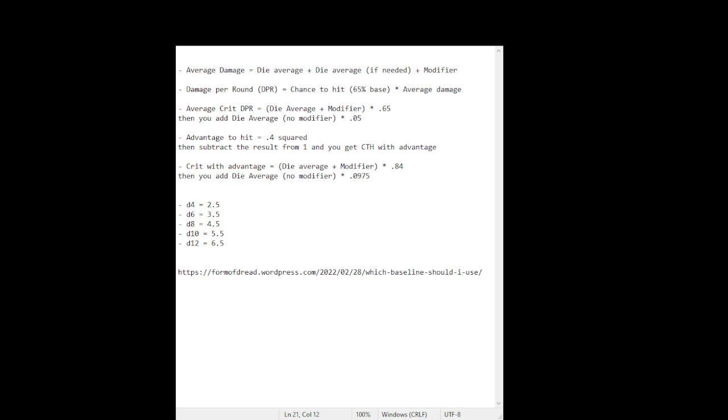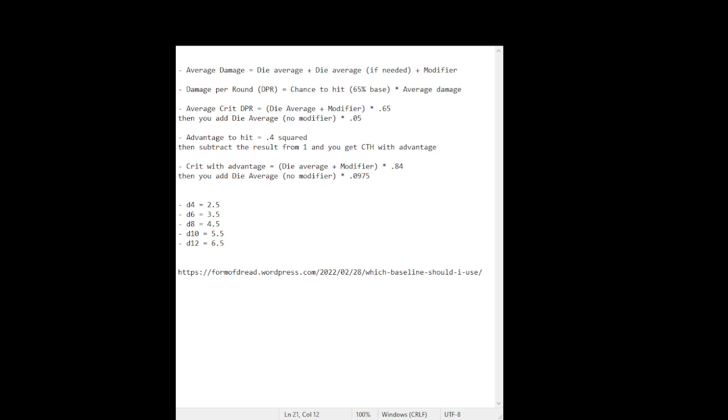But since you're adding to damage, and your chance to hit is lower now, you multiply your average damage like normal, except you add 10 to the damage, and then you multiply it by your new chance to hit. So going back to the barbarian example, if you have your 6.5 axe, then you add your 3 to strength, then you add your 10 from Great Weapon Master, you get 19.5. But then you multiply it by 0.4, because your chance to hit is now lower.